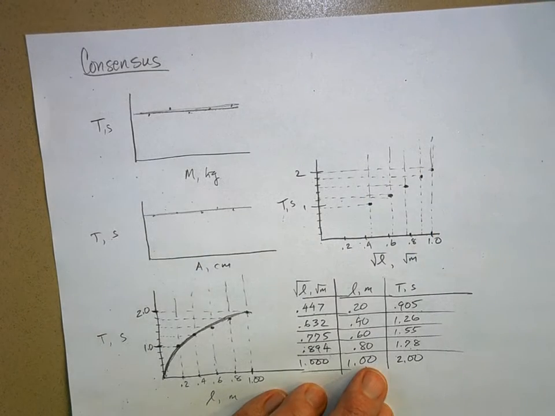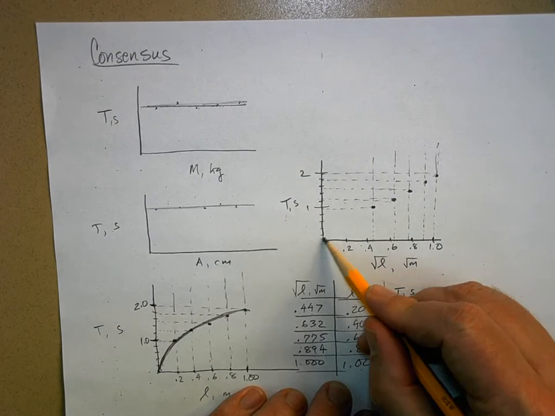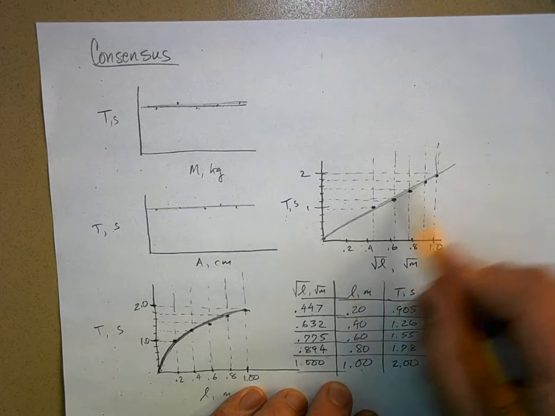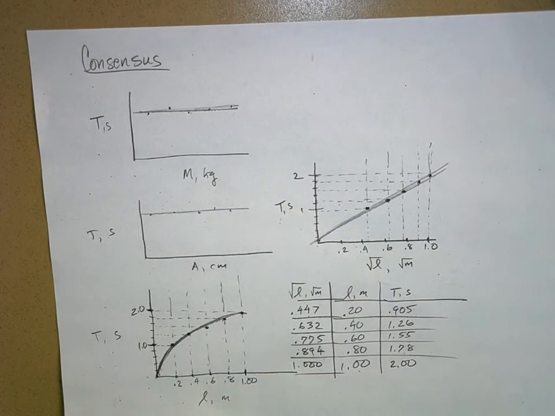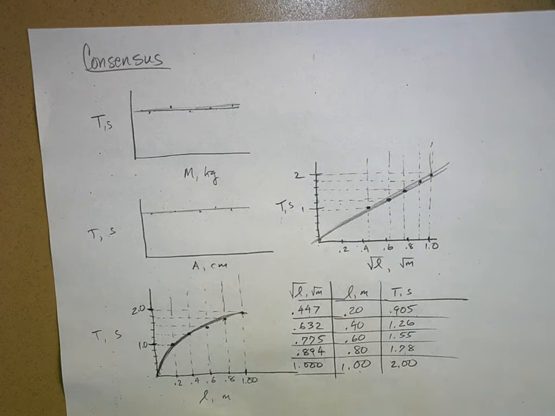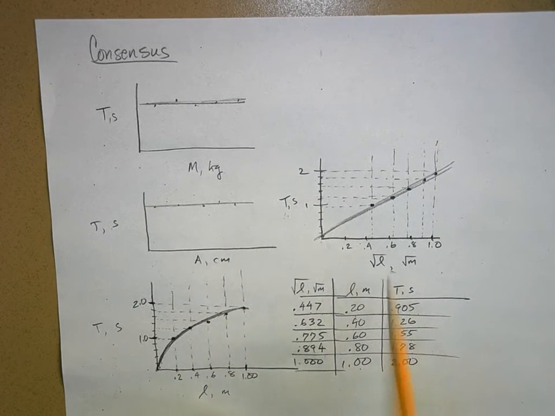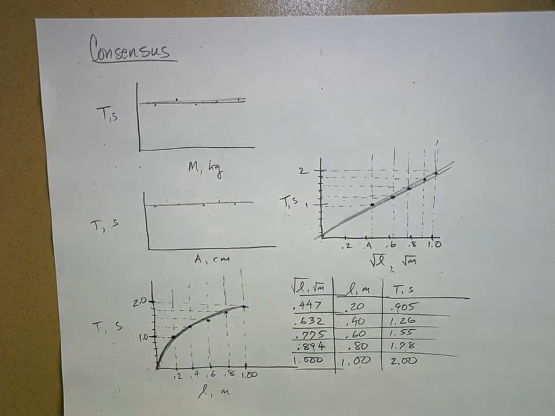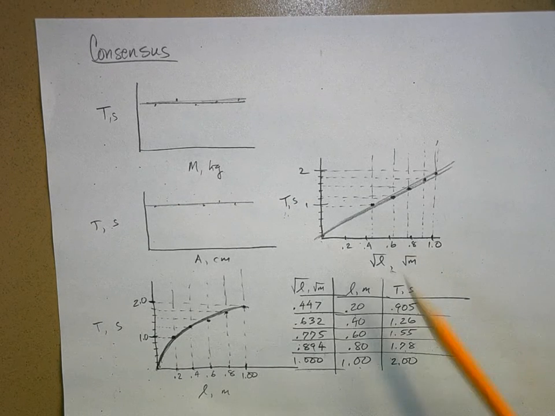Now look at this. These line up, even with the origin. It's a straight line. So that means that the period is indeed a function of the square root of L. Now if I guessed wrong, this wouldn't line up so well.